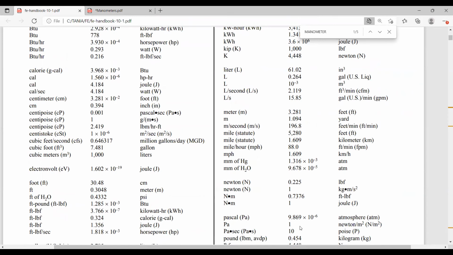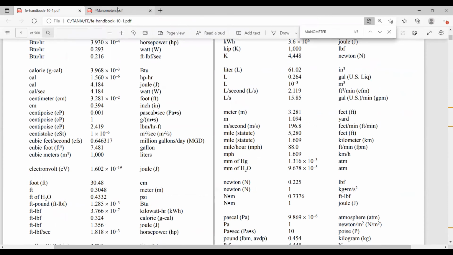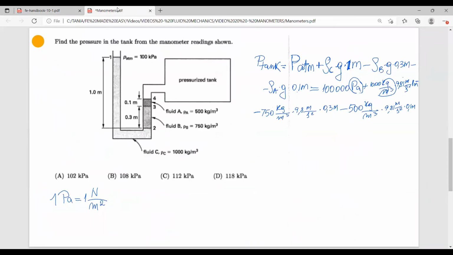So 1 pascal equals 1 newton over meter squared, and 1 newton equals 1 kilogram times meter over second squared.